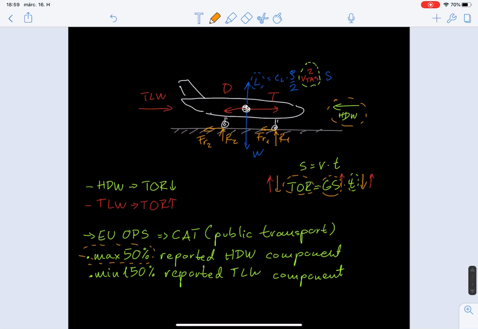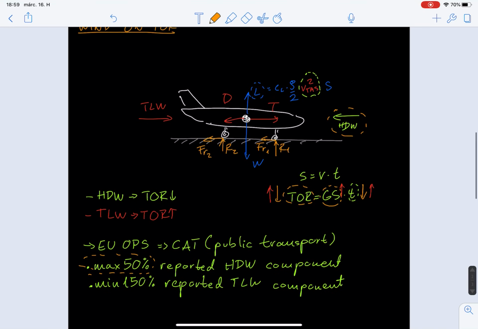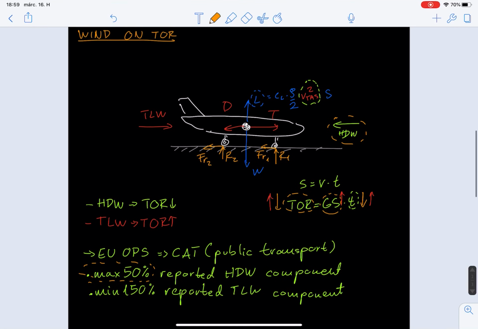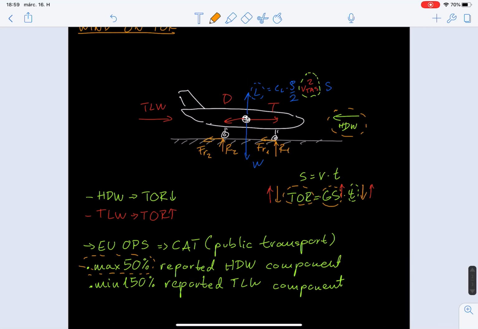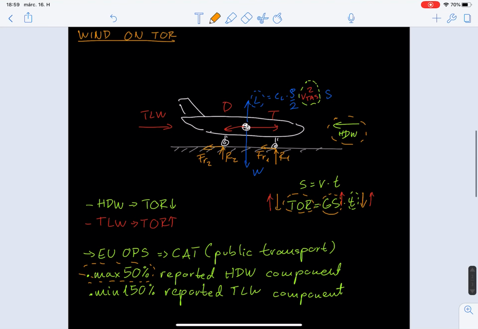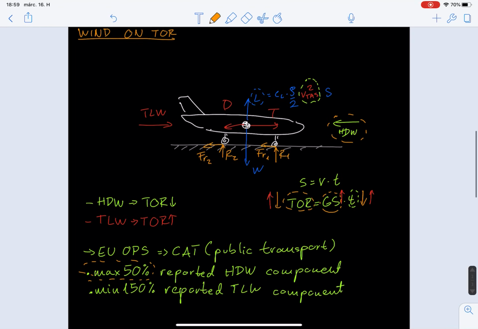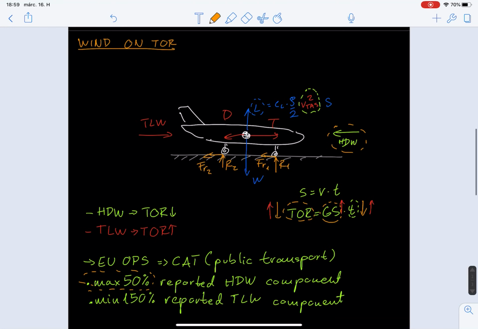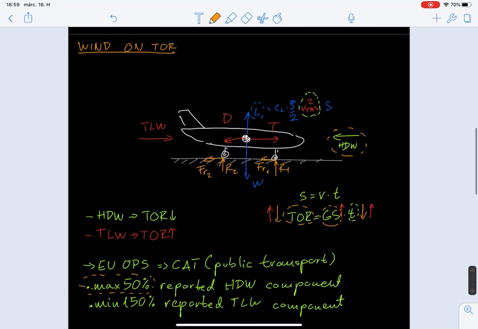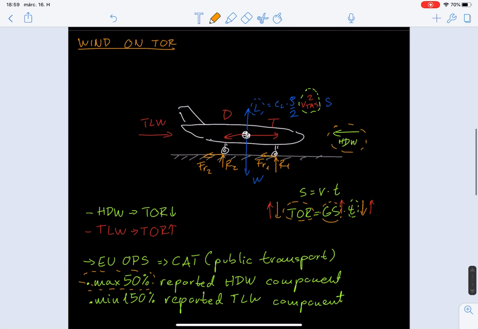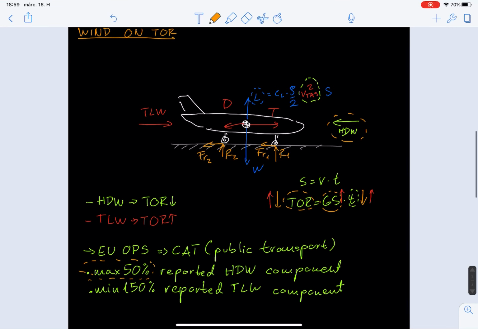So as long as the actual headwind component doesn't go below 5 knots, you should be able to achieve your takeoff run. But we will also see that there's gonna be a buffer in the takeoff run calculation, so they're not gonna let us use, especially for commercial air transport or for public transport flight, the entire takeoff run available. So there's going to be a buffer in that. But even if they did, just from the wind's point of view, there's a 50% buffer in the headwind.